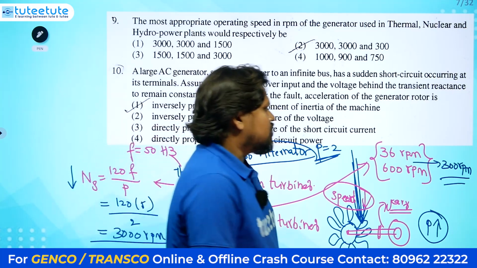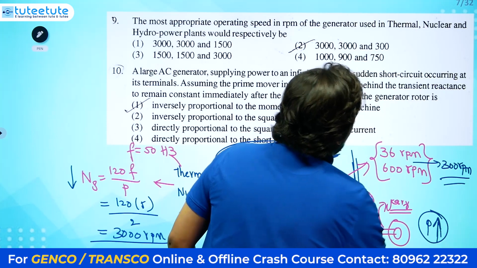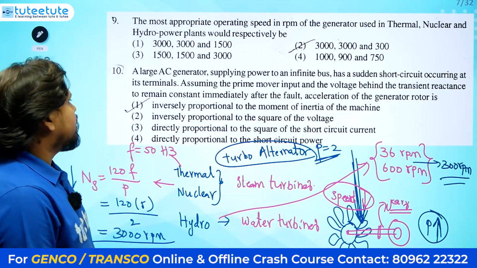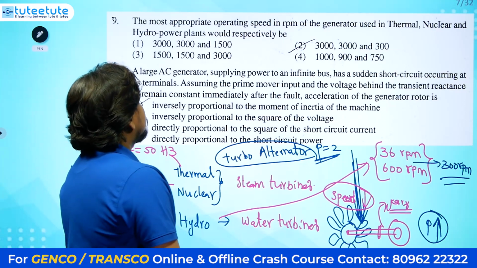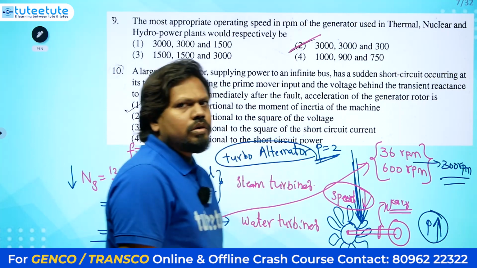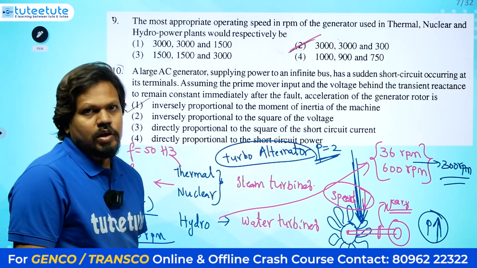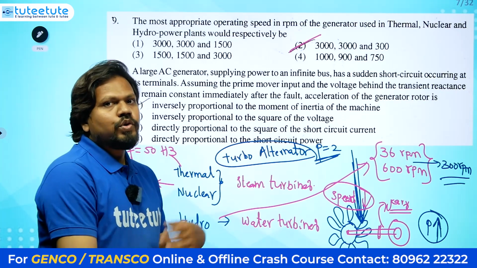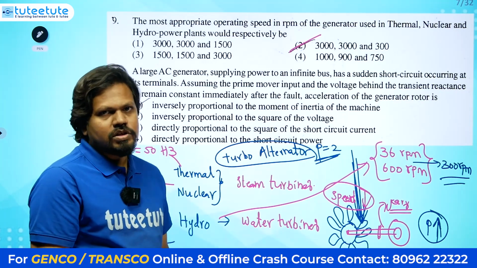Here the number of poles will be more, and there the number of poles will be only 2. So the answer for this question is 3000 and 300. This is the correct answer. There are more explanations on this, so if you understand this concept and need anything, extend your conversations.